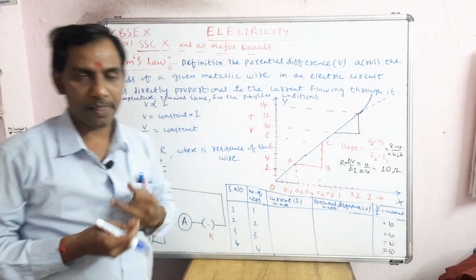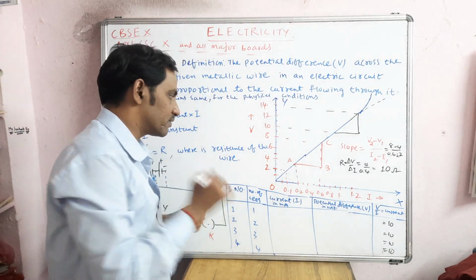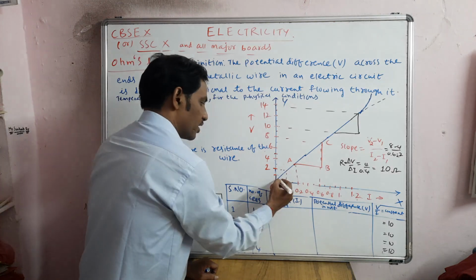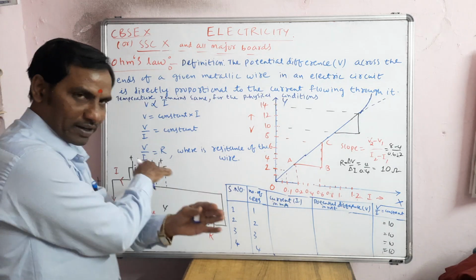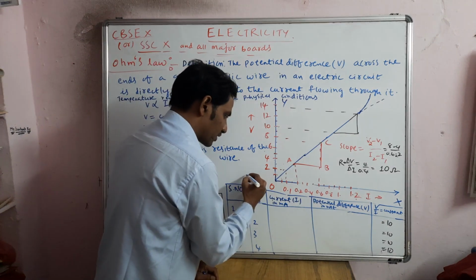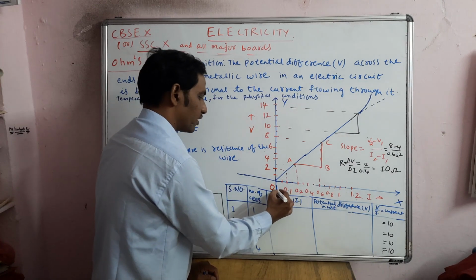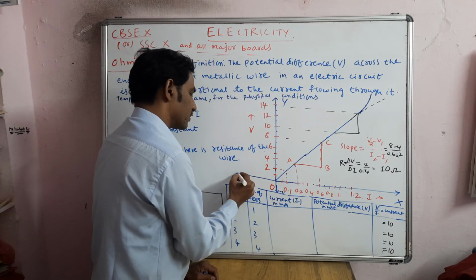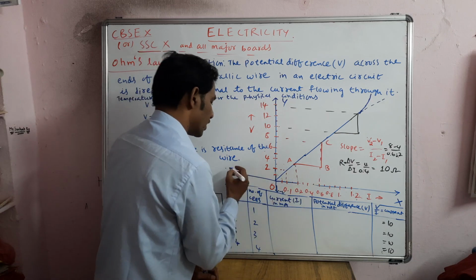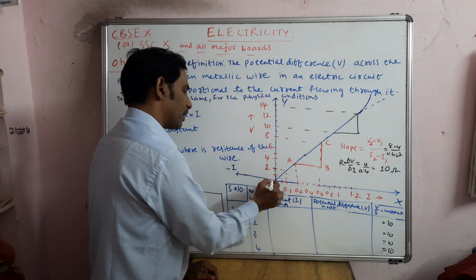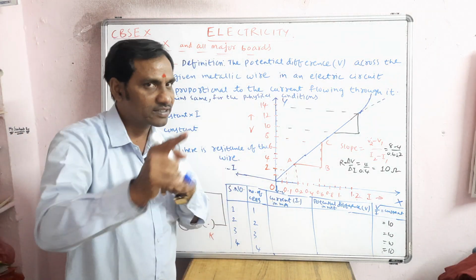That is one thing. The second one: here we are taking the battery plus. If you interchange the battery terminals from plus to minus, you can take minus V on one side and plus V on the other, and the current in the opposite direction is minus I. But the current won't be proportionately reversed on reversing the battery.